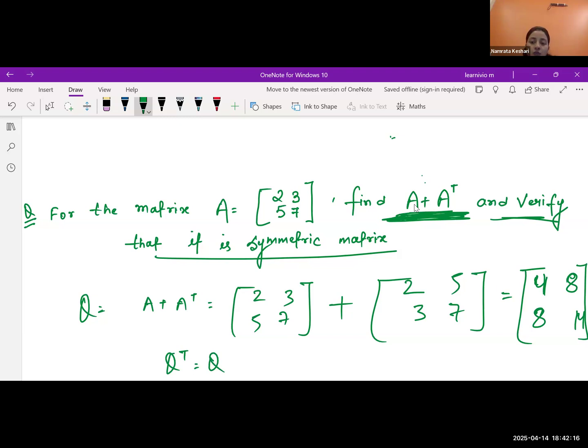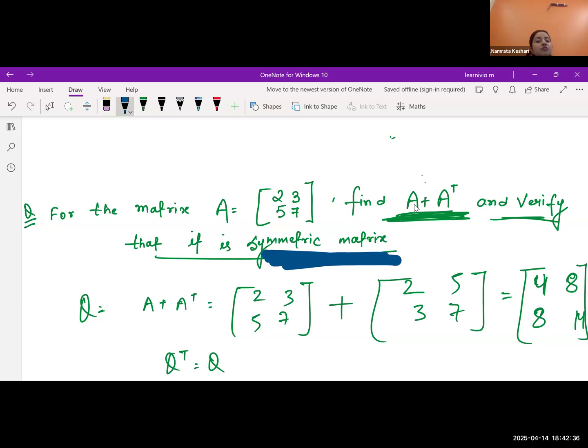So what I'm trying to say is that you will take any square matrix, and when you add the transpose of that to the same matrix, always your resultant will be a symmetric matrix.